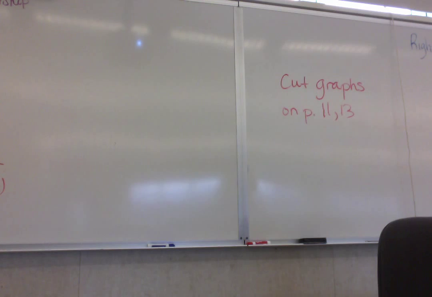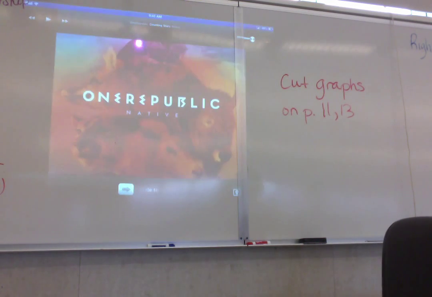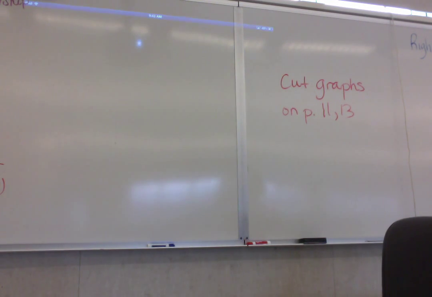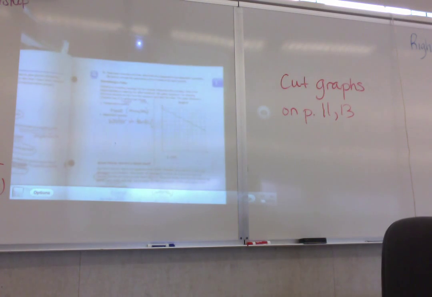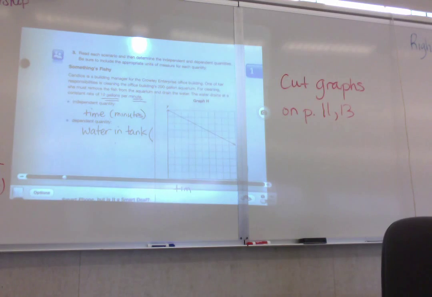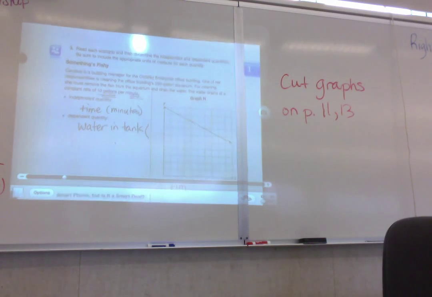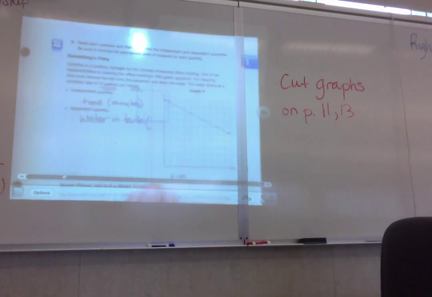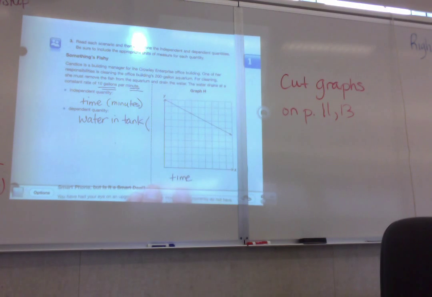Now this one also has time for an independent variable. That's along the bottom. Thank you. There's some hands up for you. Yeah, because the screen went off, I think. All right, we're labeling the bottom time because that's the independent variable.